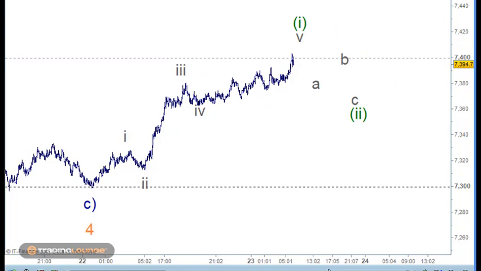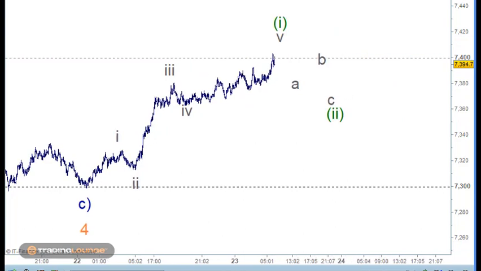With the ABC correction, obviously I can't draw on this side, so I'm going to draw over here. If we come up here for the top of wave 1, then we're looking at 5 waves down here for the A wave, the B wave in 3 waves back up, and then the C wave down here.